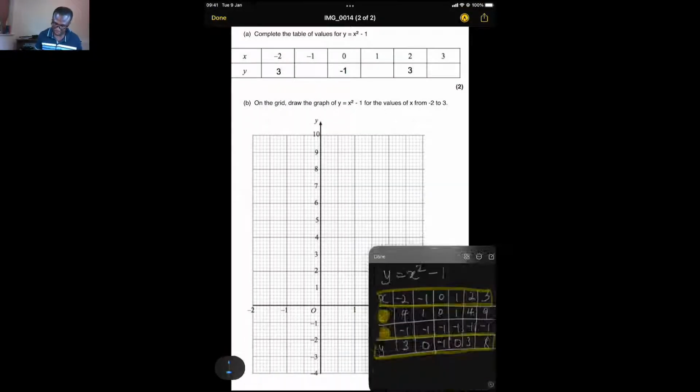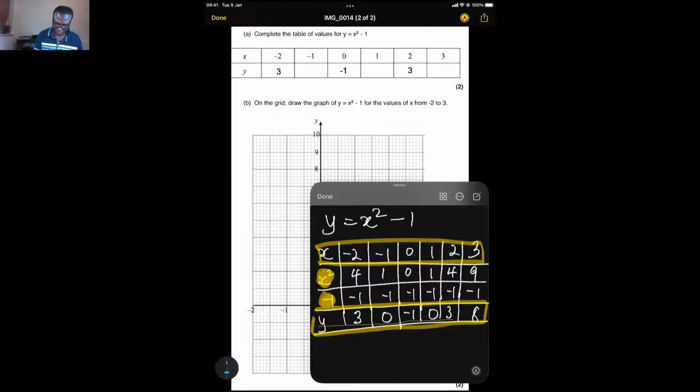So we've got, when it's -2, that's 3. When it's -1, we get 0, so we put 0 there. When it's 0, it's -1. When it's 1, we'll get 0 there. And then 2 is 3, then 3 is 8.